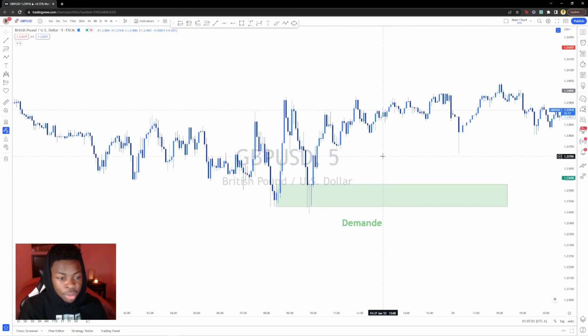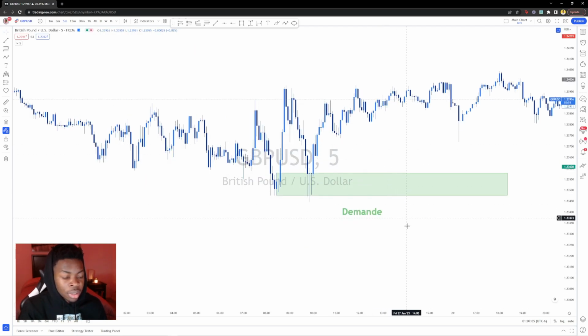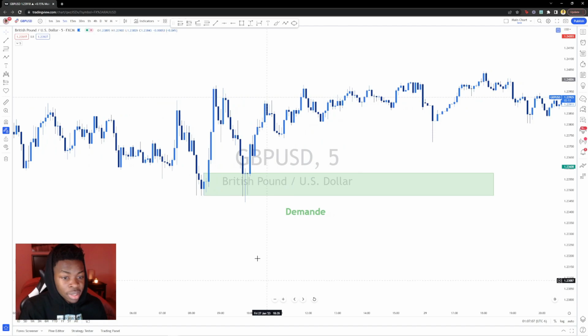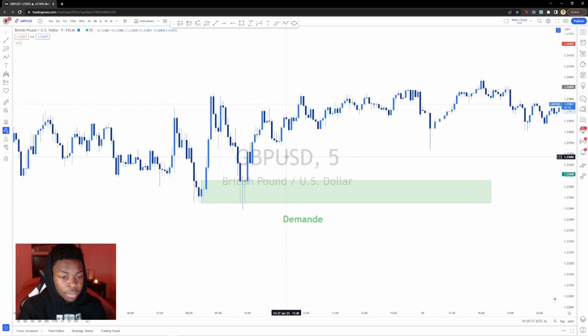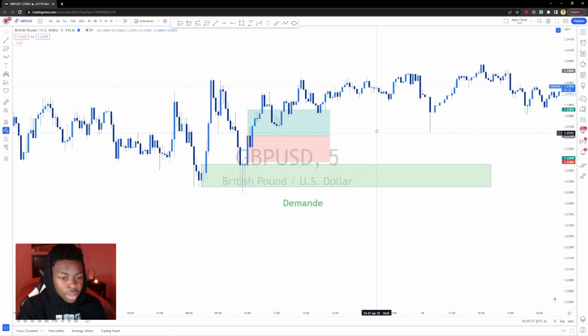And another example on how to trade a demand zone, basically the same thing. Just wait for the retest of the zone, which occurs most of the time, and wait for an engulfing candle. Here is our engulfing candle right here.